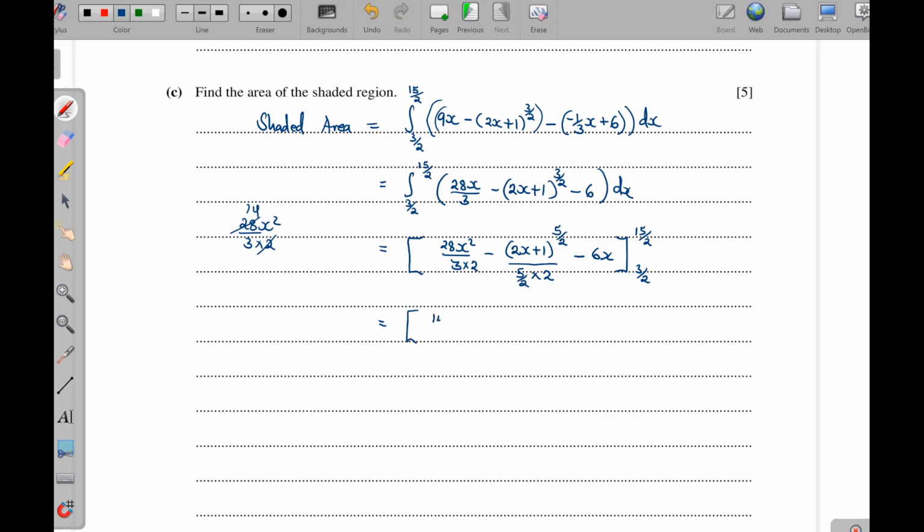So we have 14 over 3 of x squared, then minus 2x plus 1 over 5, because this one goes, and then this one is to the power of 5 over 2, then minus the 6x, with 15 over 2 and then 3 over 2. Now putting the limits will give us 14 over 3, then 15 over 2 squared, minus, then we have 2 times 15 over 2, which will give you a 15, then plus 1, that will be a 16.